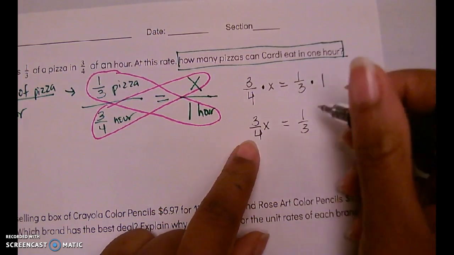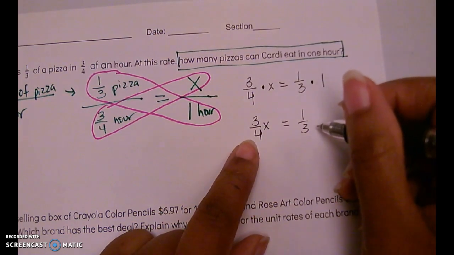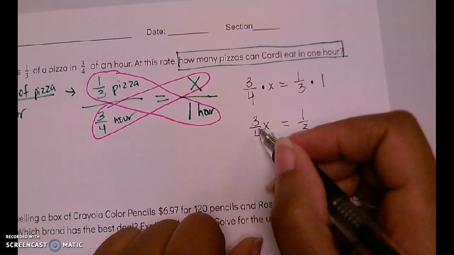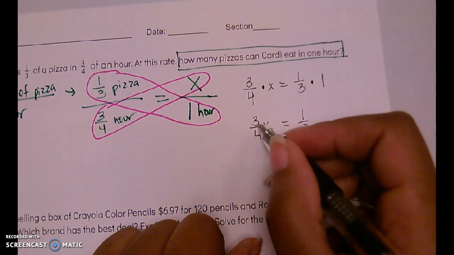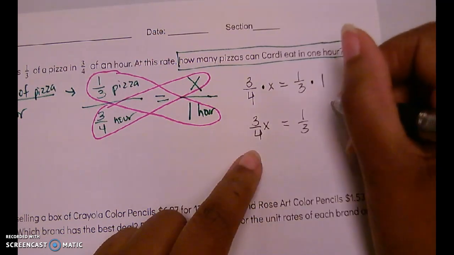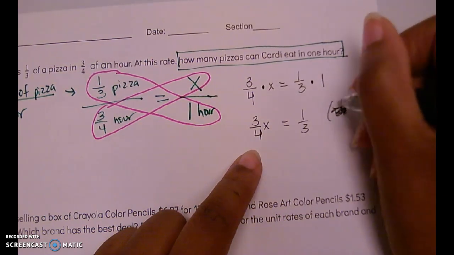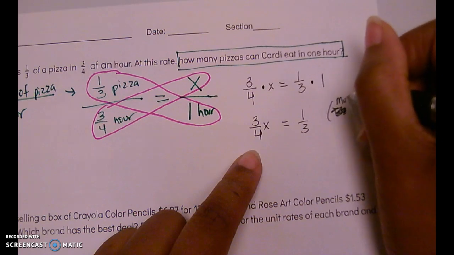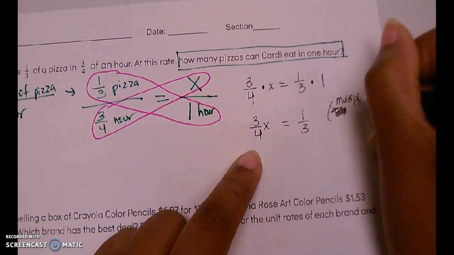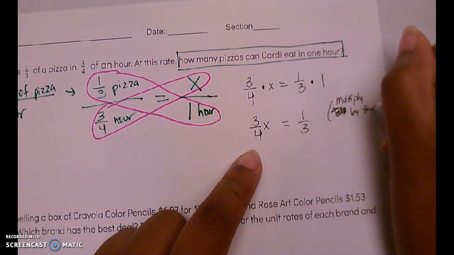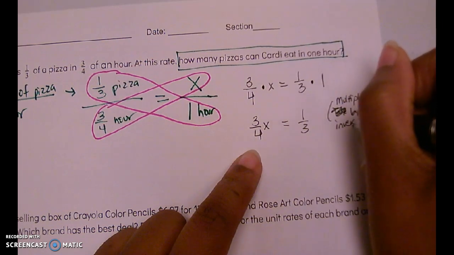Now, with fractions, I'm multiplying, okay? But in order to get x alone with a fraction, I have to multiply by the inverse.